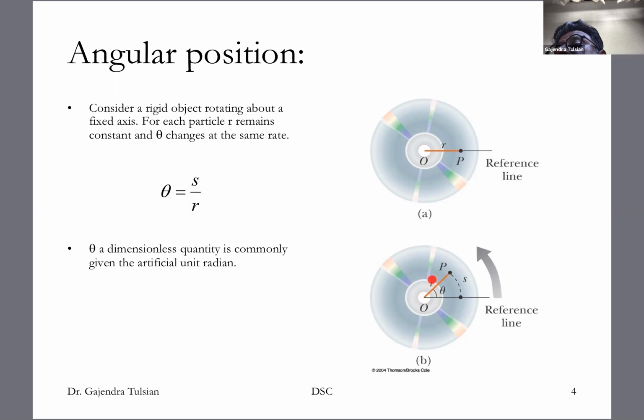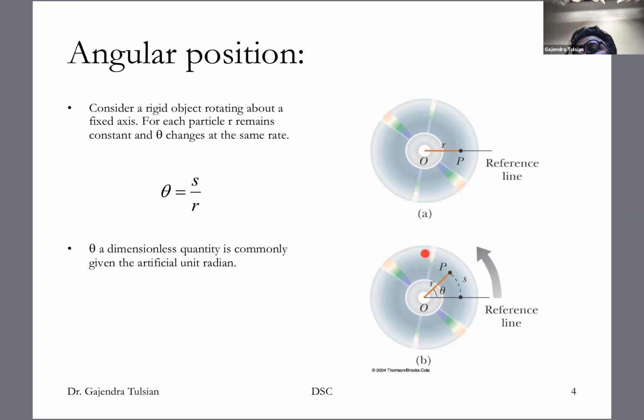And right now, the angular position of this object is theta. That's the angular position of this object with respect to this reference line. And this angular position theta is this linear distance s divided by r. Okay, so theta is in radians.